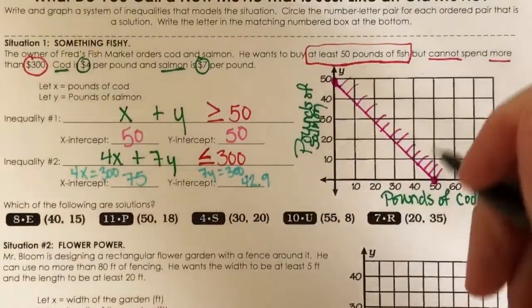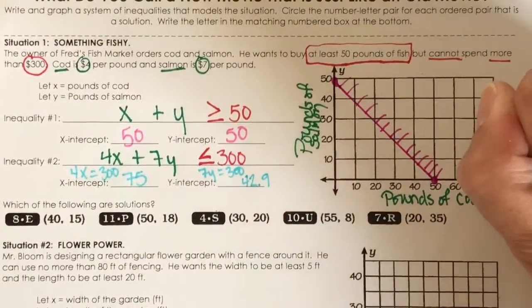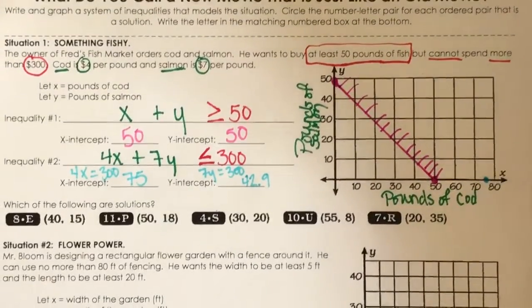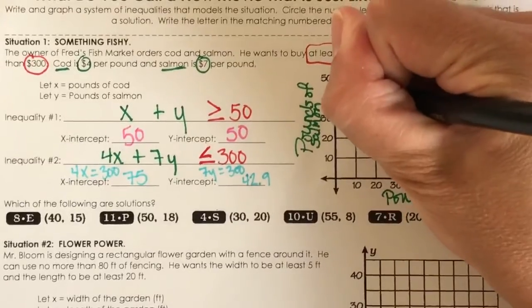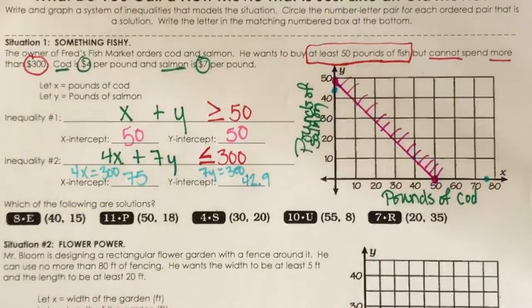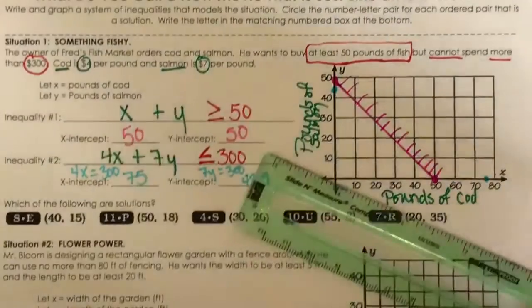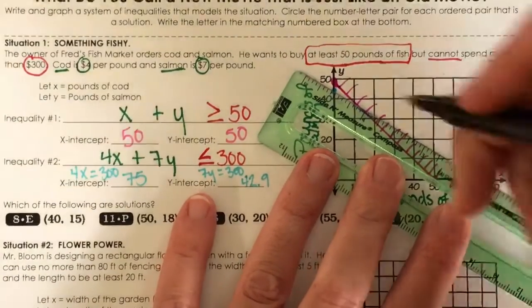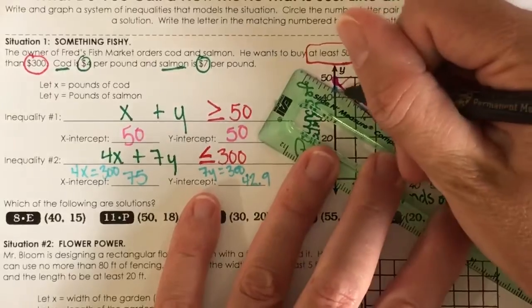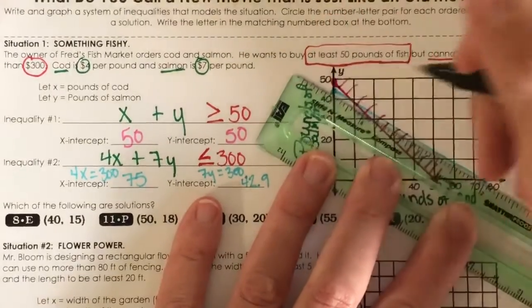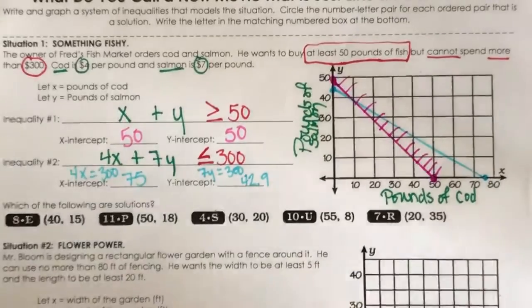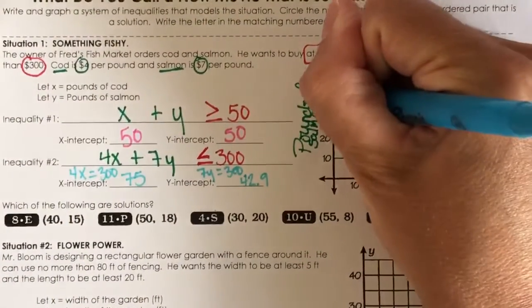So let's graph those. X-intercept at 75. Y-intercept, let's call it just 43. Again, solid line. And since this is a less than, we want to shade below.